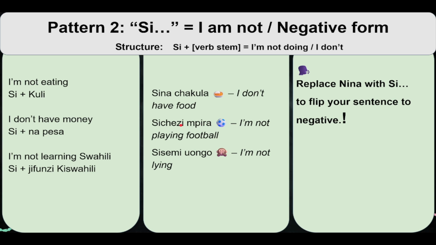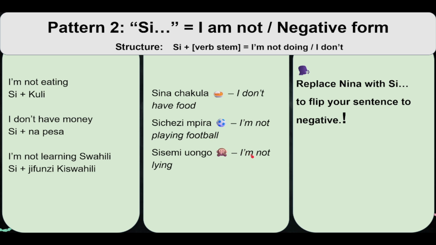So for instance, cheza is the verb for play, but because you're putting it on a negative, then you cannot say sicheza. You say sichezi. I am not playing football. But you know, that's for another time. For now, just remember the pattern is replace Nina with si when you want to speak in a negative sentence.